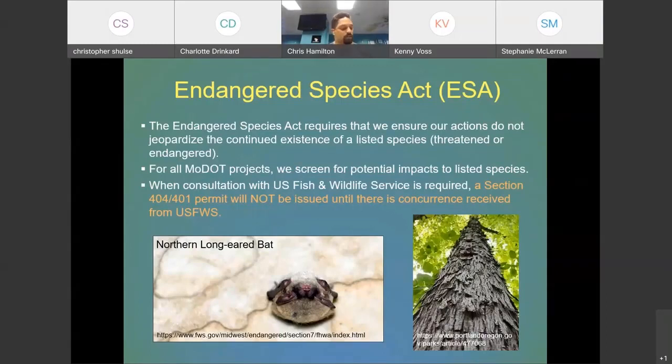A new species that you might see popping up is the monarch butterfly. This hasn't been listed, but it is currently considered a candidate species, so we will just mention those. Other species that might show up in project areas are federally listed mussels, and these mussels typically come along with Regional Condition 7 listed streams, as we took a look at when we were looking at the desktop screening earlier.